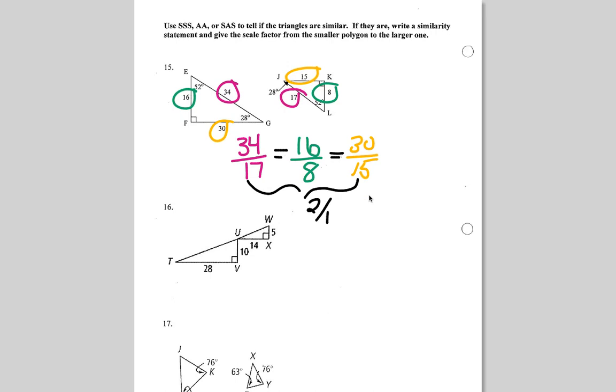And those do all simplify down to a scale factor of 2 over 1. So yes, side, side, side similarity works. Here's the scale factor.